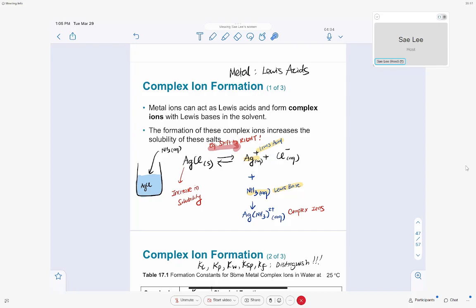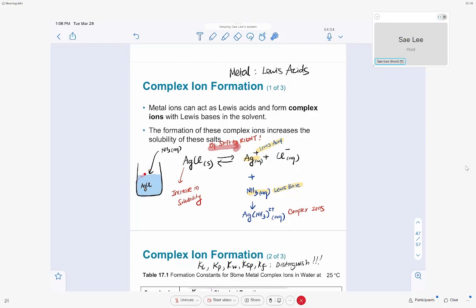So, for example, let's say you have insoluble or slightly soluble silver chloride salt in aqueous solution. A tiny amount of this salt that dissolves in water will dissociate into silver and chloride ions, right? And let's say you're adding aqueous ammonia solution into the system.